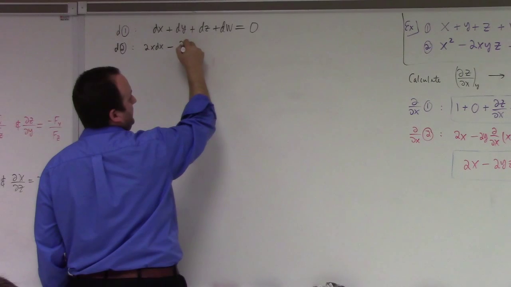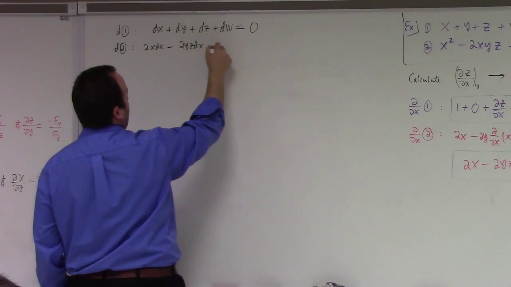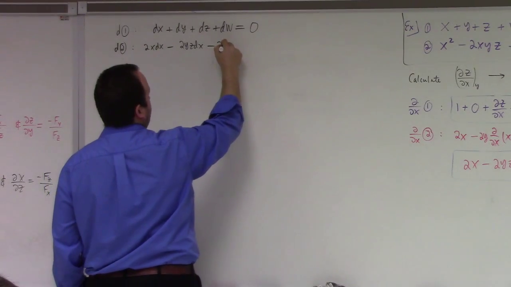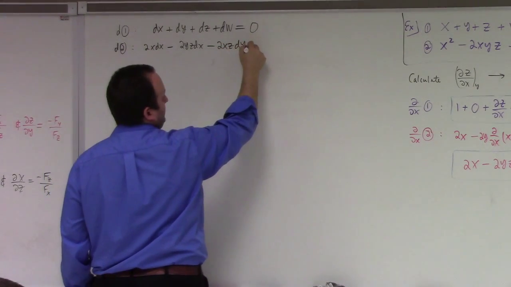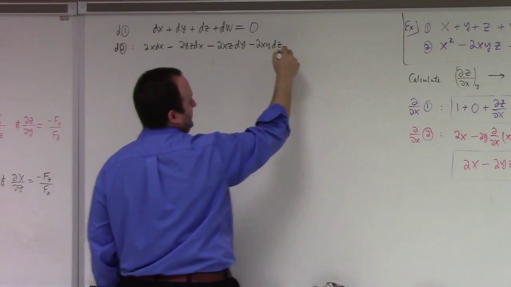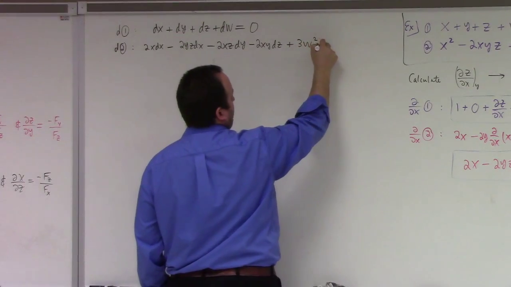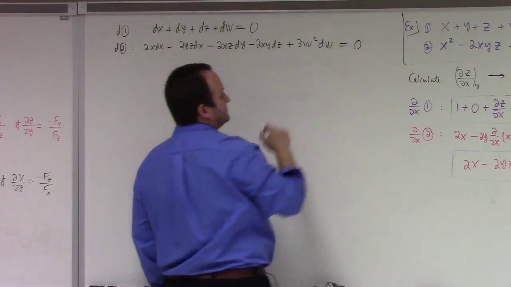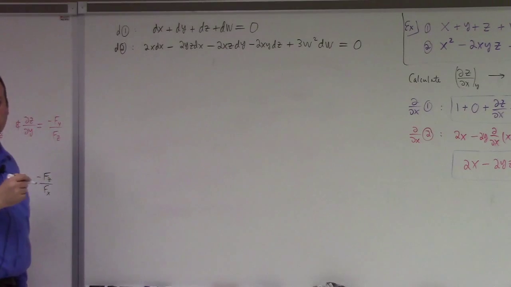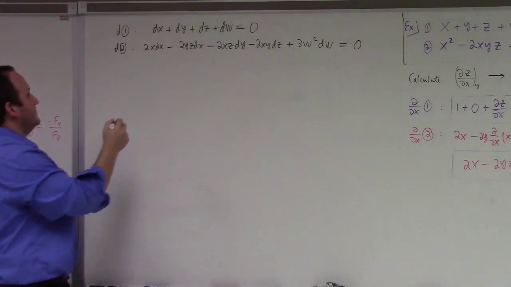So I get 2yz dx minus 2xz dy minus 2xy dz by the triple product rule, basically, plus 3w squared dw equal to 0. I'll just clean it up a little bit.